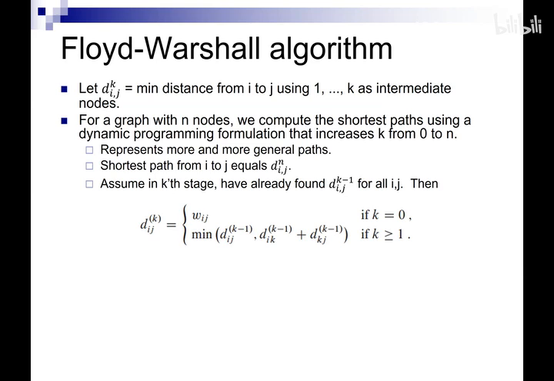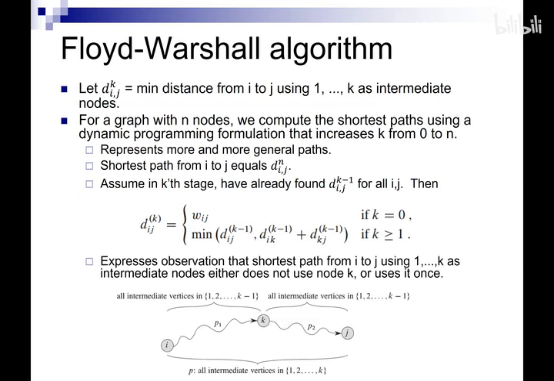And then for k at least equal to 1, d_ij(k) is equal to the minimum of these two quantities. Remember we have this observation that if you want to go from i to j using the shortest path with only 1 up to k as intermediate nodes, then the two cases are that either you use k as an intermediate node, or you do not.